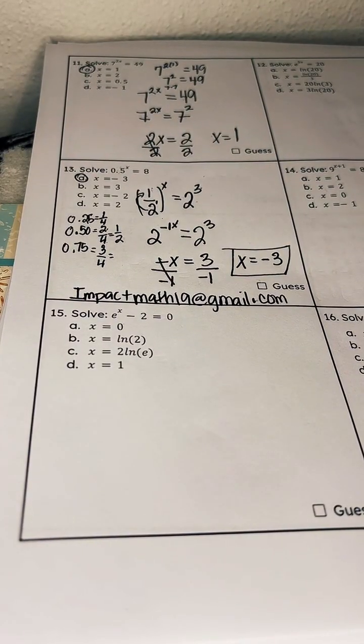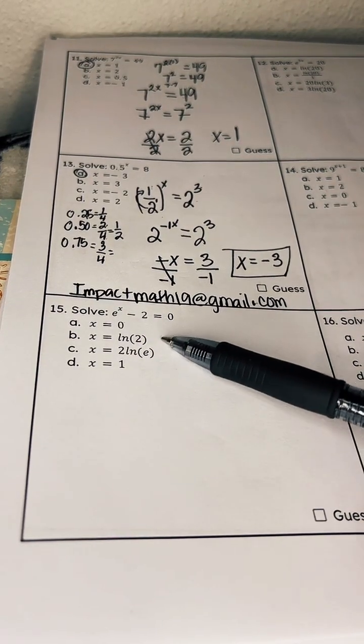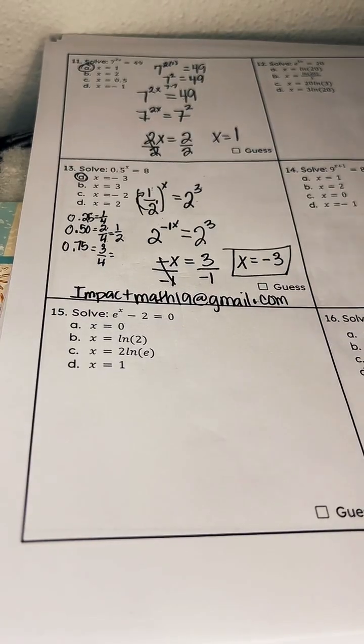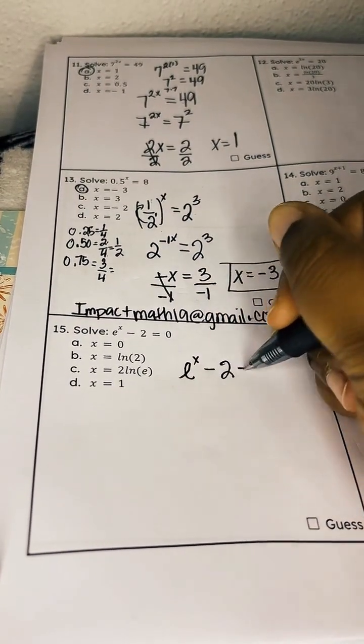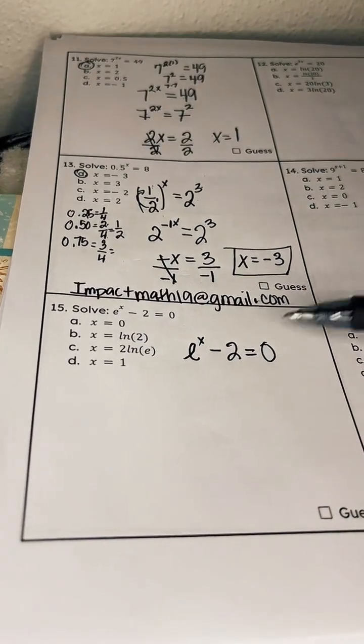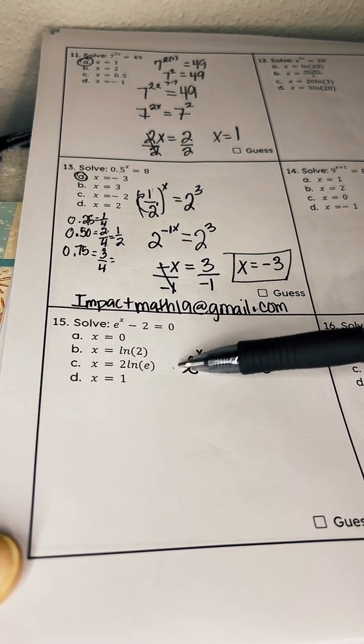So solve e^x minus 2 equals 0. All right. Now, do we see, you guys, how our answers have some ln's, right? But what we have to remember here, you guys, is I can't take the ln right now. You want to know why I can't take the ln?